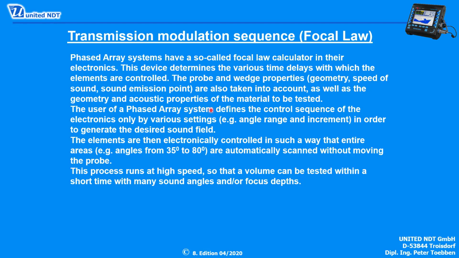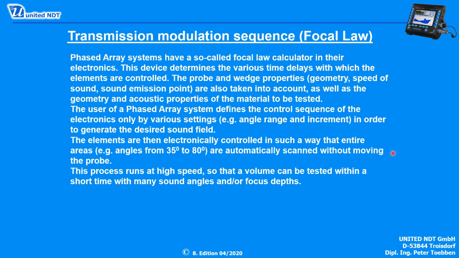The use of the phased array system defines the control sequence of the electronics only by various settings, e.g. angle beam and increment, angle range and increment, in order to generate the desired sound field. So the elements are electronically controlled in such a way that entire areas, like an angle range from 35 to 80 degrees, are automatically scanned without moving the probe.